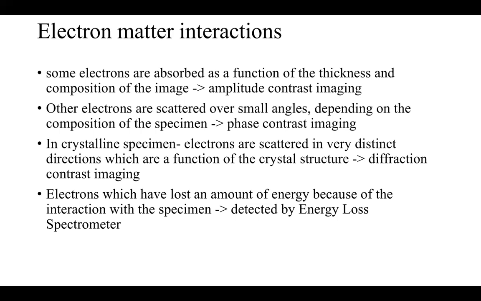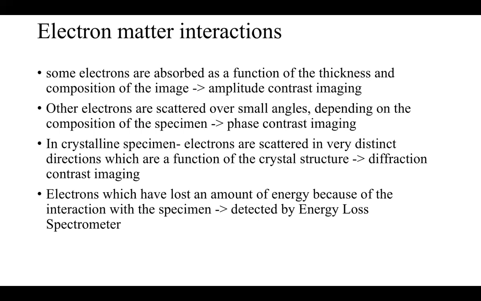The image then passes down the column through the intermediate and projector lens, and it is enlarged all the way. The image strikes the phosphor screen and light is generated, and that is taken through a photomultiplier tube and then goes to an amplifier. Then the user can view the image.